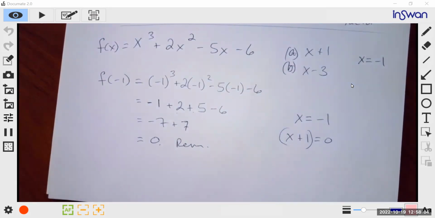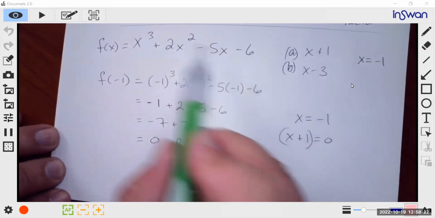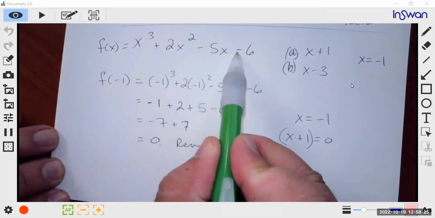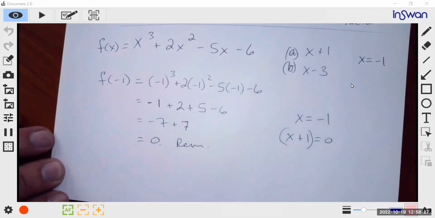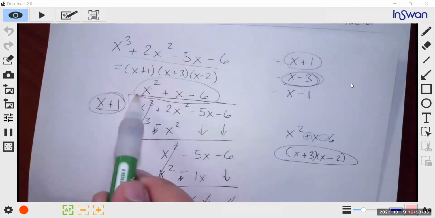You see how all this stuff works? Now we're making the equation smaller. But the bad thing about that is what, as opposed to the division method? All we know is that x plus 1 is a factor. The next time we try another number, we still have to go back to the original one. With long division, once we got a 0, we're done with the big one.